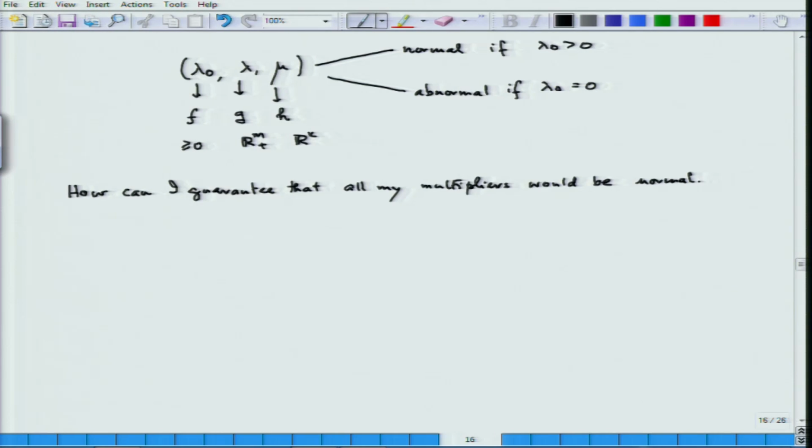In order to guarantee that, I would look into the equation, look into the Fritz John conditions.